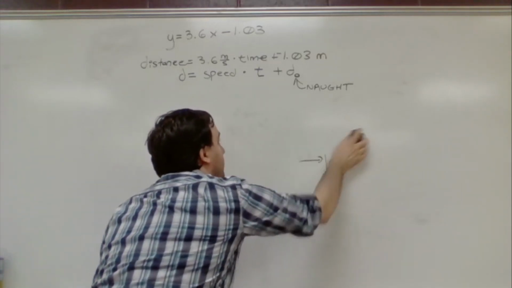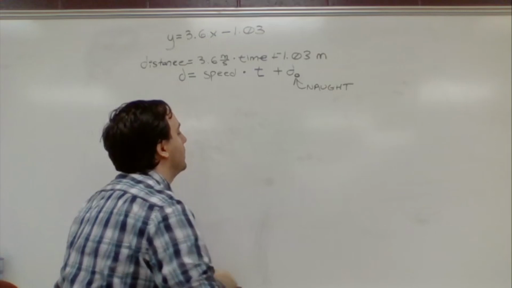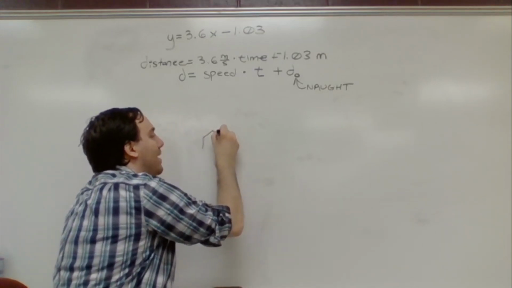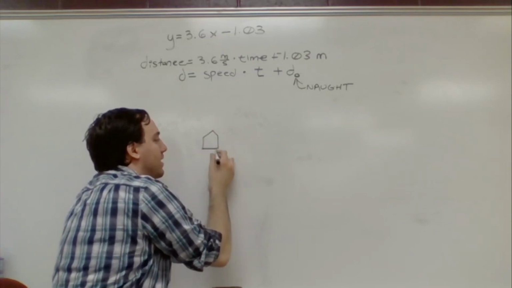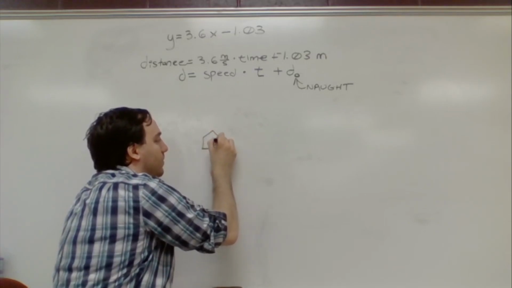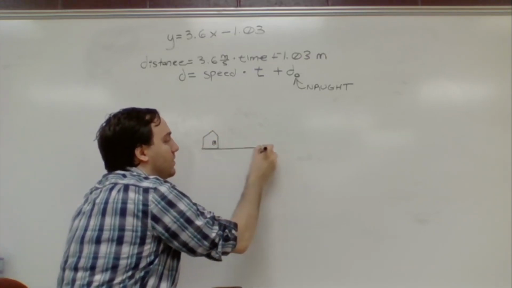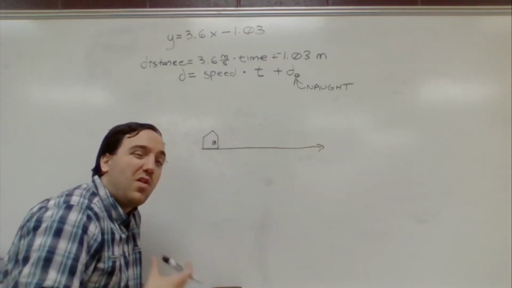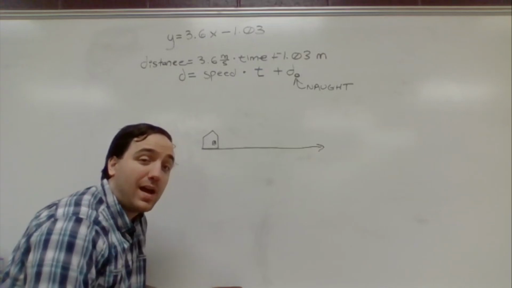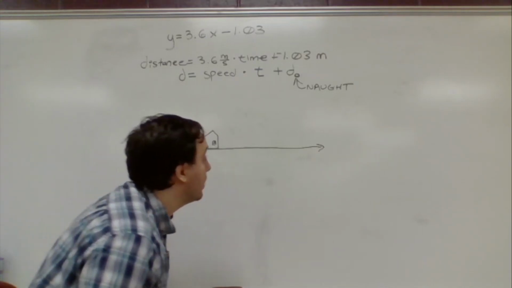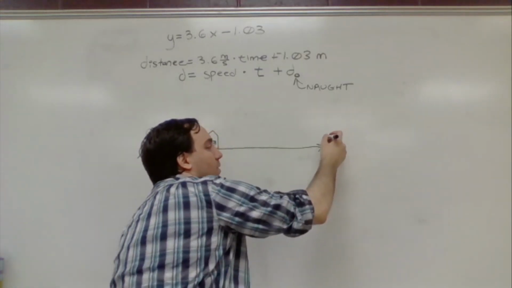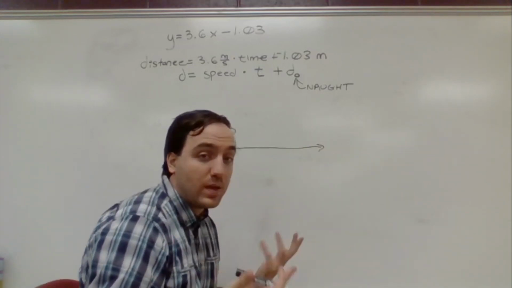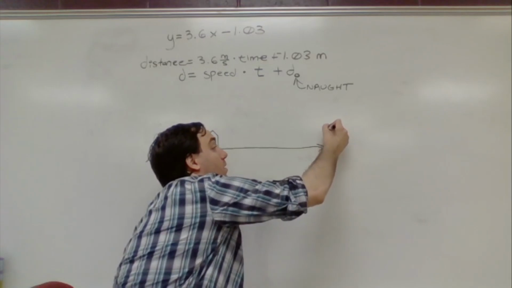So imagine you're on a street. Your house is here. You always measure everything with respect to your house. Okay? Going this way down the street is a positive direction. You call that positive distance from your house. So let's say 15, whatever, miles, meters down the road.